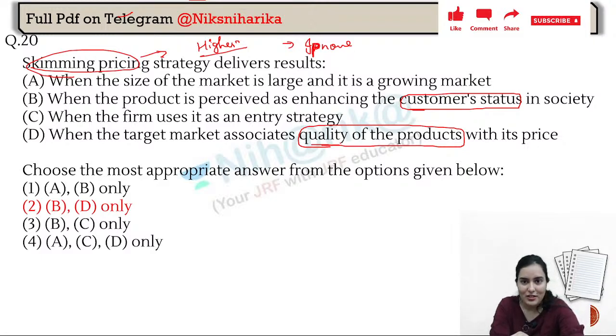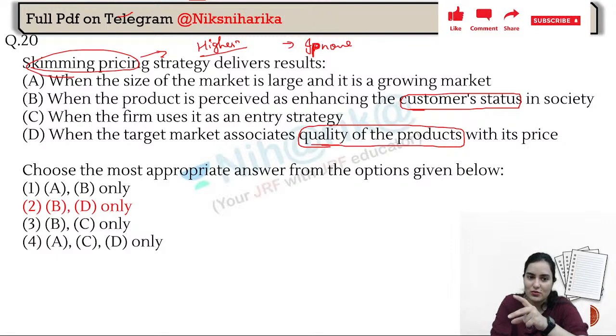The person who is having more gold will be having more customer status or more quality of products, like higher the price, higher will be the quality of gold: 20 carat, 24 carat, etcetera. Okay, so that is skimming price.